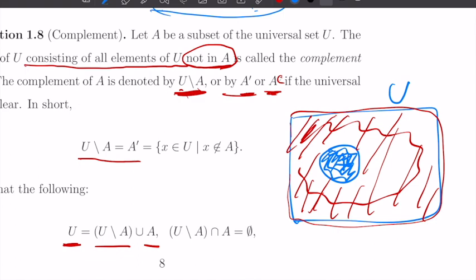If you pick any subset, the entire universe can be split into two parts: this subset or outside of this subset. And also, if you take the intersection between this and this, it's empty. It's trivial, right? Between the inside part and the outside part, there's no overlap.